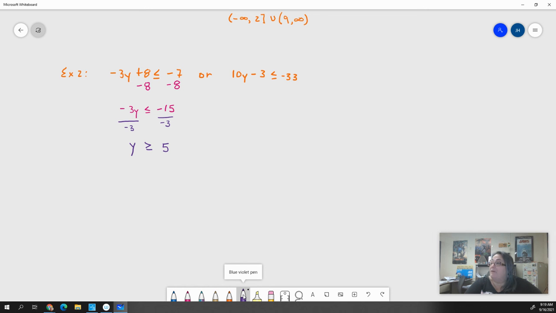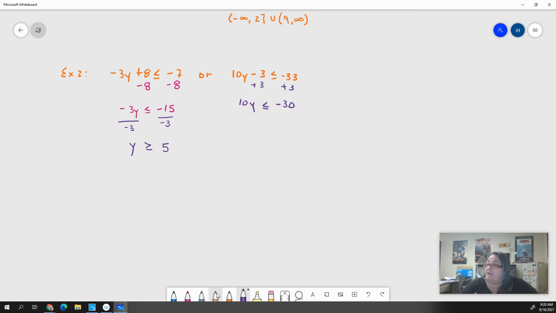We're going to work this side now, right? What's happening to this side? We have a 3 being subtracted. We have a 10 being multiplied. We're looking at what is happening to our variable, right? So I'm going to start by adding 3 to everything. Plus 3. And I'm going to get 10y is less than or equal to negative 30.